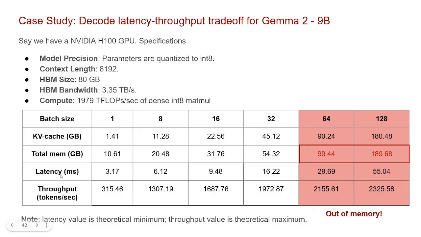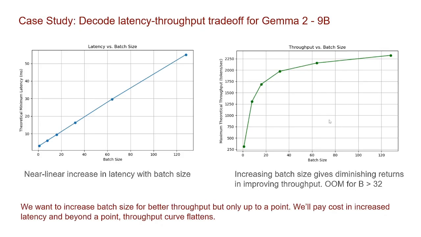And just to clarify, the latency and throughput numbers were not derived from experimentation. Rather, these are theoretical bounds on minimum latency and maximum throughput. The true value is likely to be higher for latency and lower for throughput. So we can only operate in the regime of batch size less than 64, that's for sure.